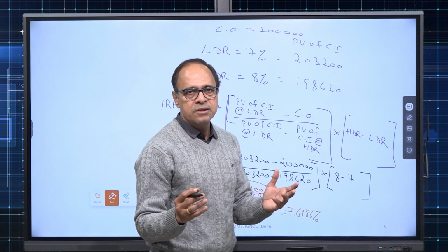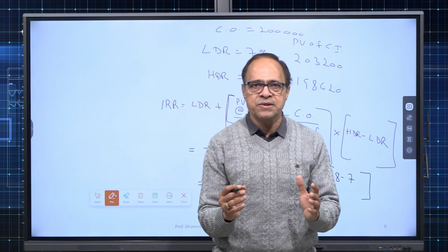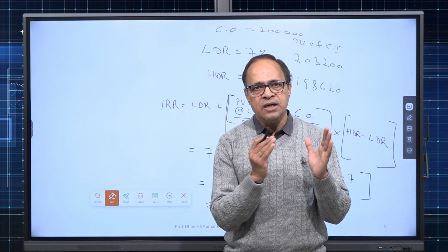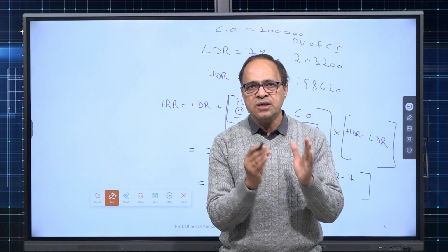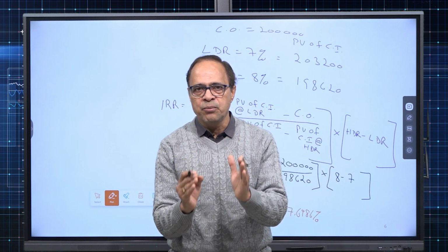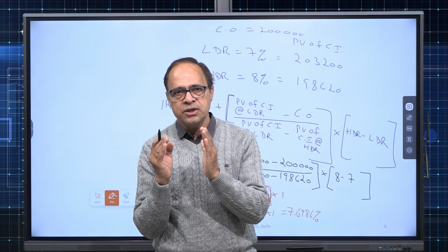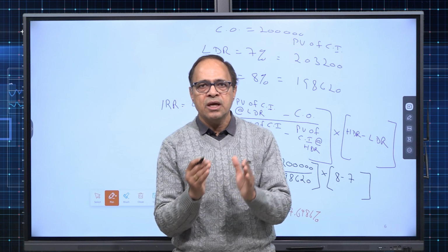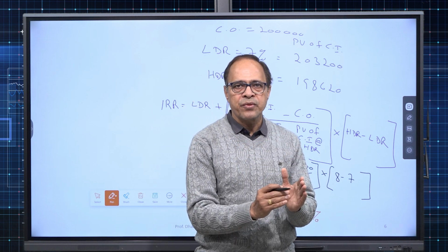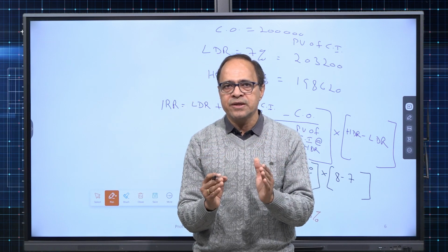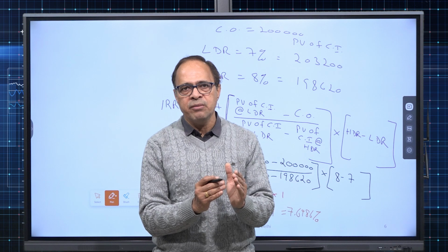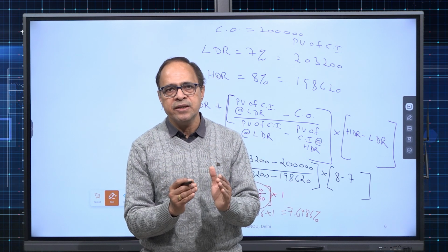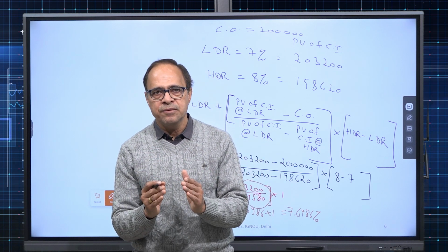So, dear learners, we have completed all the methods of capital budgeting. We started with the basic concept, calculation of operating cash inflow, calculation of terminal cash inflow, calculation of cash outflow, and we applied all the methods, non-discounted cash flow methods, that is payback period method and ARR method.